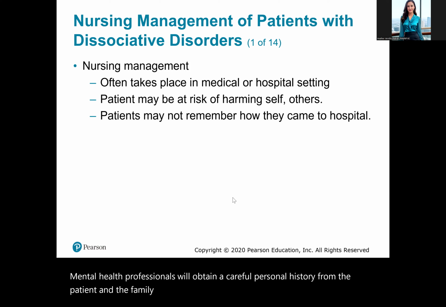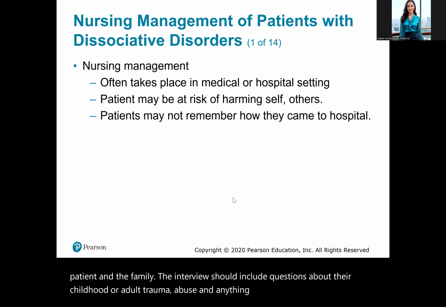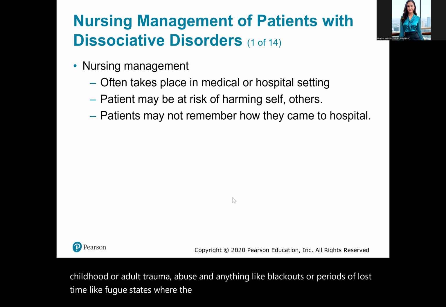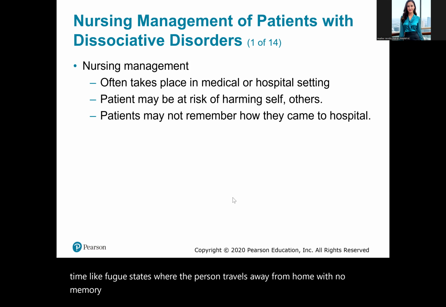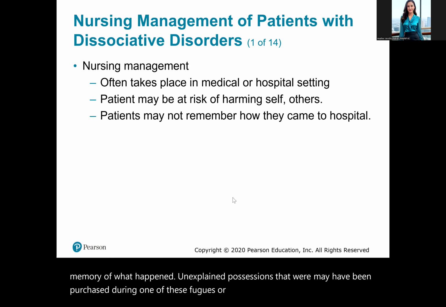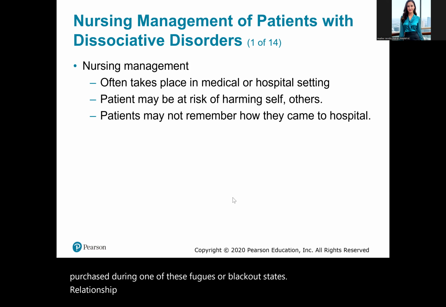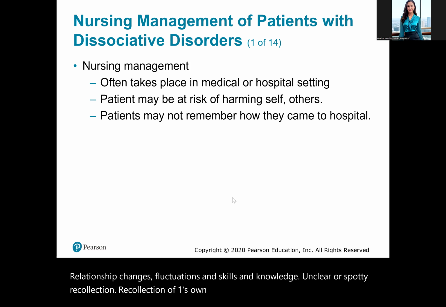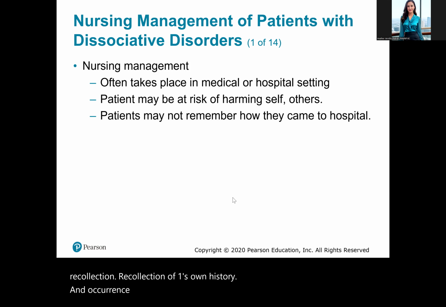The interview should include questions about childhood or adult trauma, abuse, and blackouts or periods of lost time, like fugue states where the person travels away from home with no memory of what happened, unexplained possessions that may have been purchased during one of these fugues or blackout states, relationship changes, fluctuations in skills and knowledge, unclear or spotty recollection of one's own history, and occurrence of spontaneous trance states or even age regression.